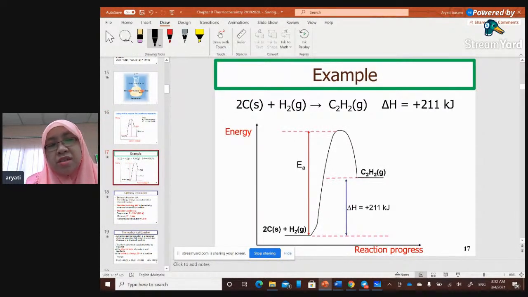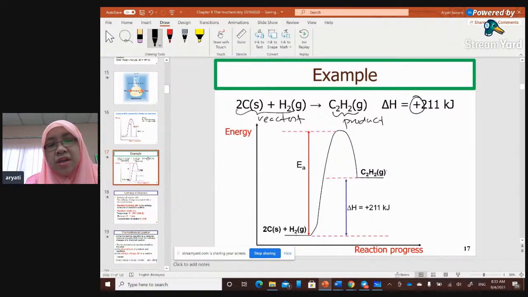So carbon plus hydrogen produce C2H2 gas, produce delta H positive 211 kilojoule. So carbon and hydrogen is your reactant. C2H2 is your product. So since this is tindak balas endo, the energy of product will be higher than energy of reactant.